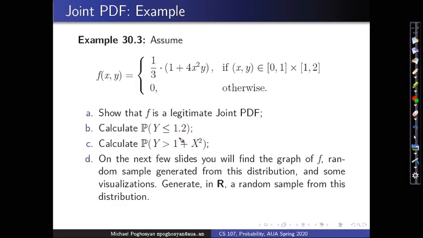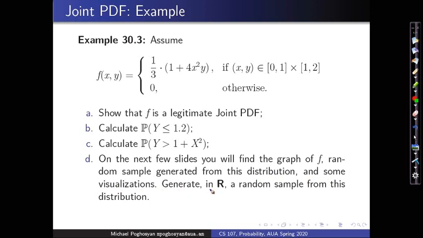Okay, I'm reversing this and moving back to our problem. So on the next few slides you will find the graph of f. I'm drawing that graph in three-dimensional space, and we have a random sample generated from this distribution, random variates generated from that distribution, and some visualizations.